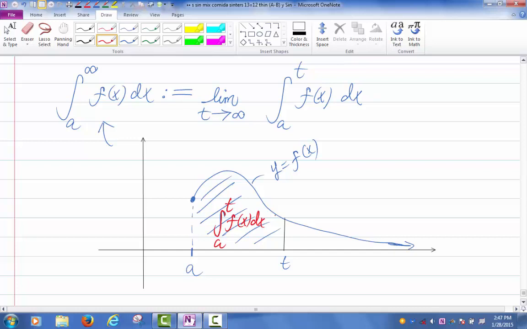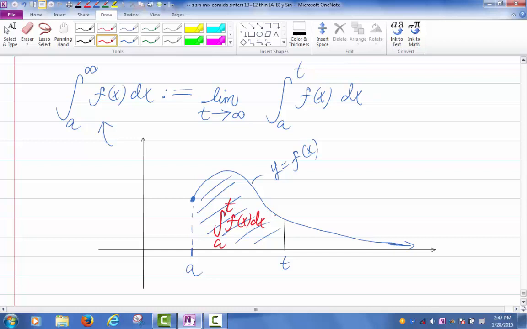What is it trying to compute? It is trying to compute the area below the graph of f, above the interval from a to infinity, right? So the area of that infinite region is given by that improper integral.